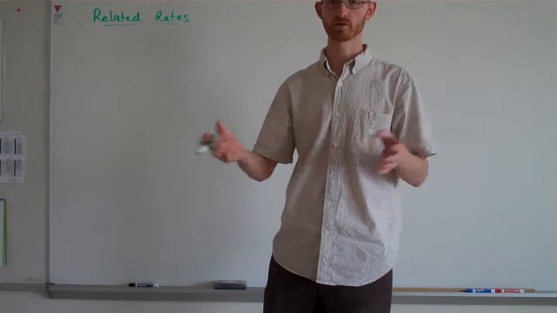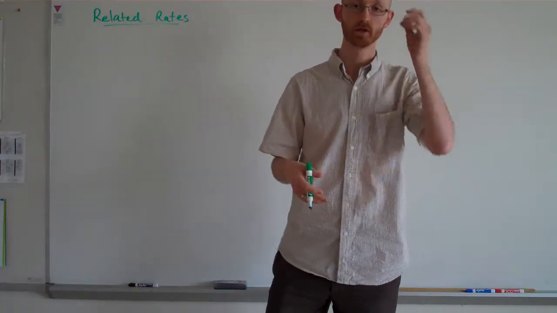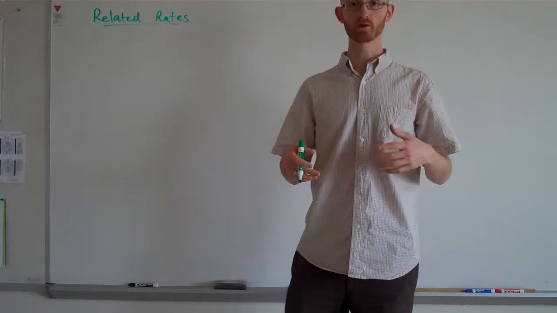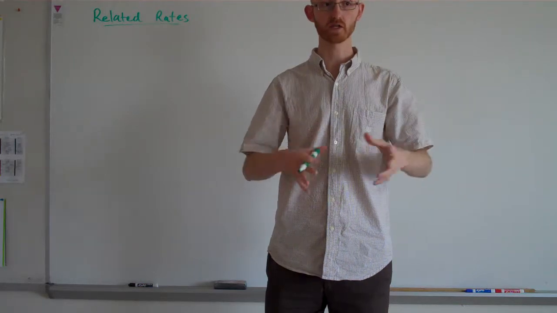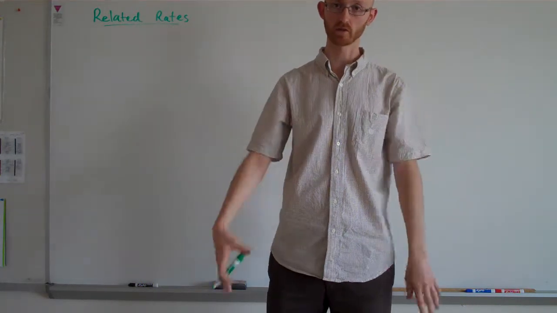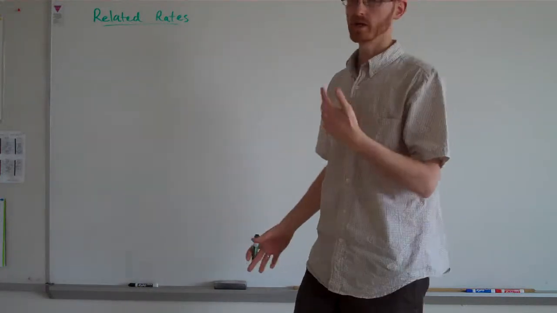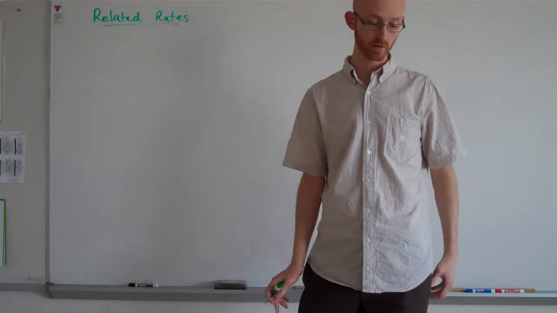If you can imagine the room that I'm standing in being filled with water in a flood, we'd want to know the rate at which the water comes into the room. We'd have to take into account the dimensions of the room and then see how fast the water line would go up. So anyway, there are all kinds of applications of different rates that are related to each other.